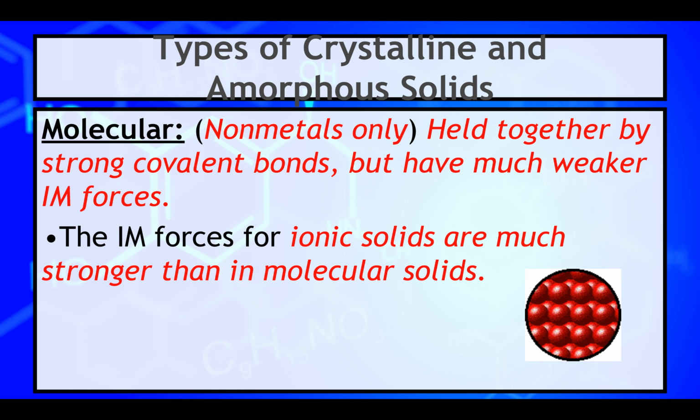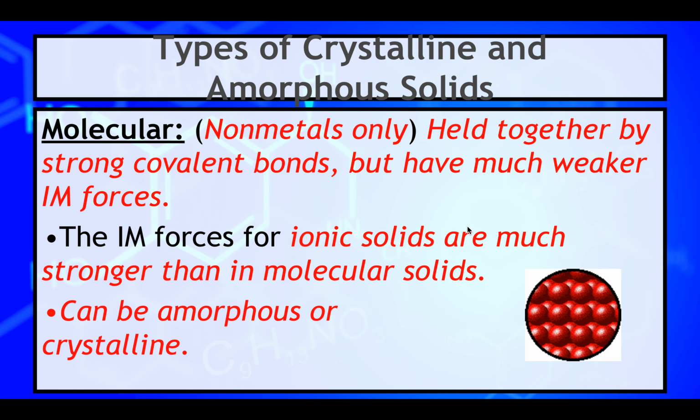If you remember our experiment, it took a lot less energy to cause the sugar to go from solid to liquid state than it did for the salt. Now, molecular can be either amorphous or crystalline when we're looking at their structure. So some will be very regular in a repeated pattern. Other molecular substances are going to be very random in their pattern.